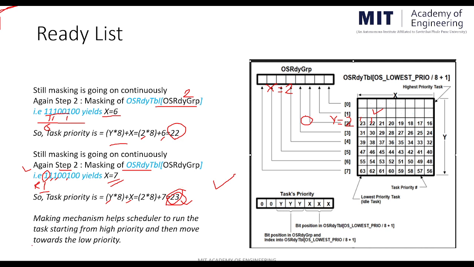We can conclude that the masking mechanism, which is continuously followed by the scheduler, helps the scheduler run tasks starting from high priority and then move towards low priority.